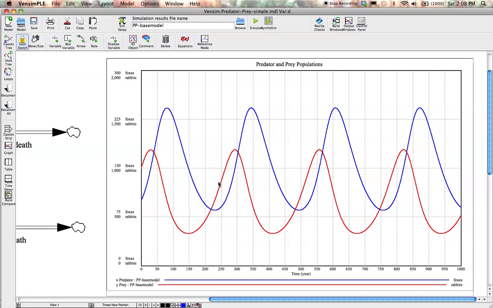Then you fall into the same dynamics. As the rabbits grow, the foxes are able to pick up again. Foxes grow too much, rabbits start running out, then foxes start running out, and you have these staggered ups and downs. This is the cyclical, dynamic equilibrium that we refer to in class.